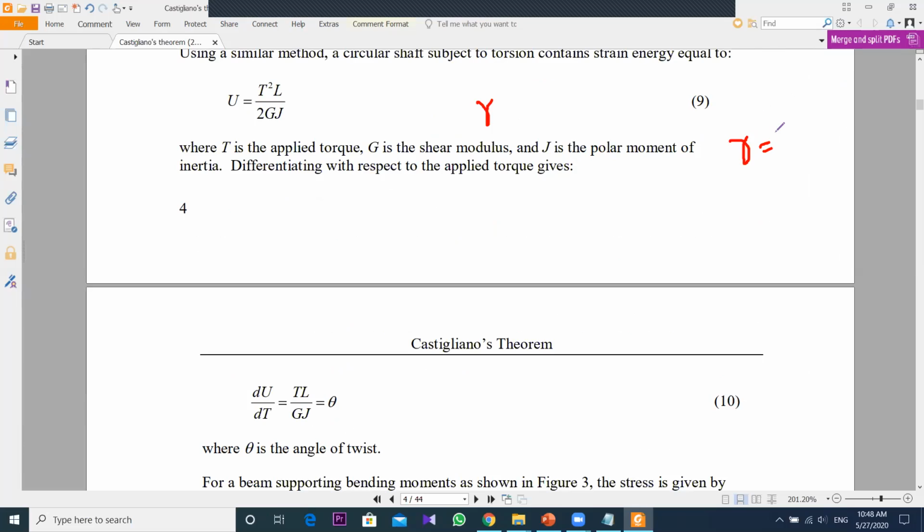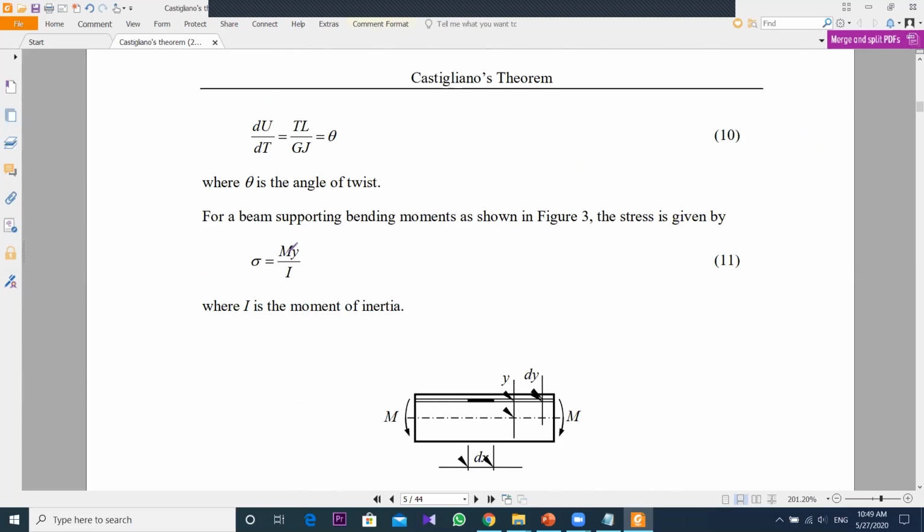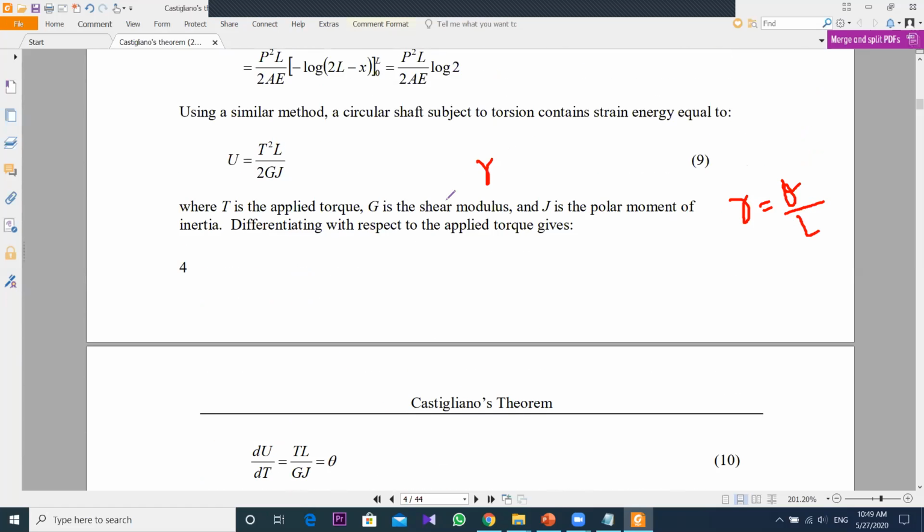Shear strain theta divided by, okay, it cannot be L, but like this. Gamma L, it will be theta. So this is the twist angle. This is shear strain. So if it is a bending moment, this is the torsion.